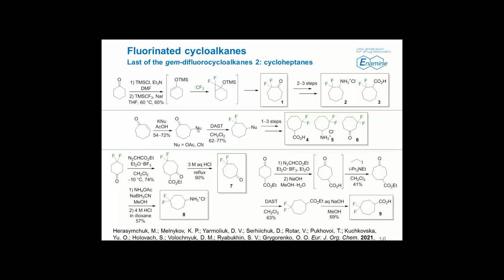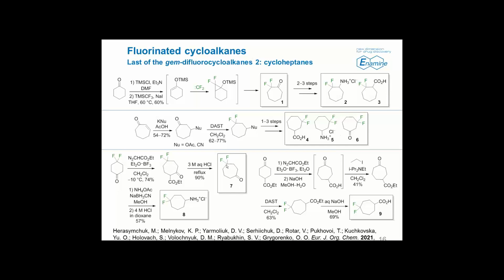To obtain the isomeric beta,beta-difluorinated derivatives, we have started from cycloheptanone and added the corresponding nucleophile, and then after fluorination and transformation of the corresponding functional groups, the corresponding building blocks were obtained with good efficiency.